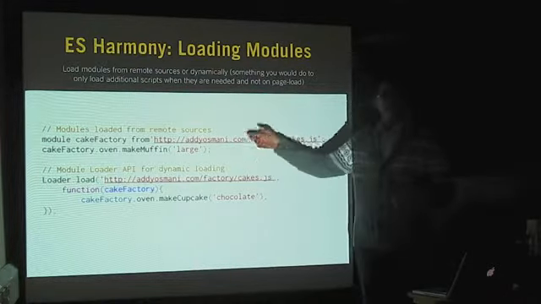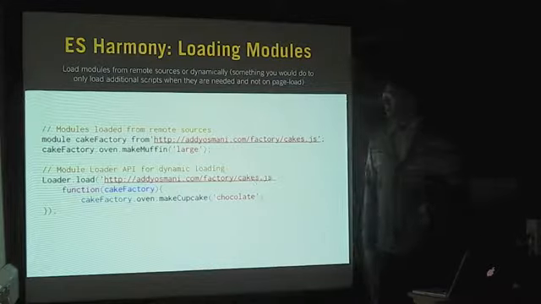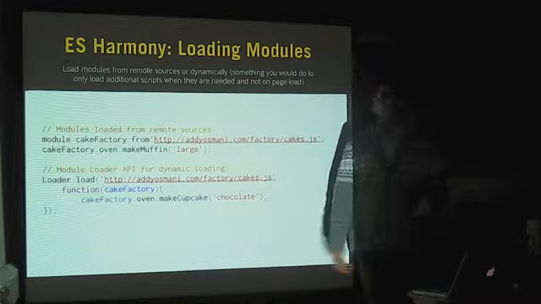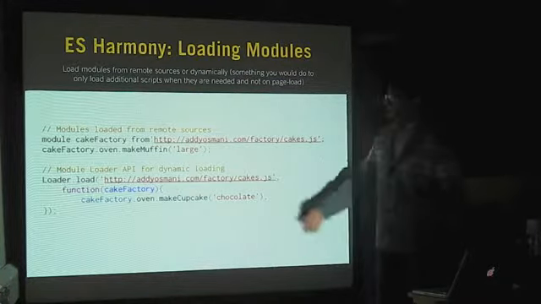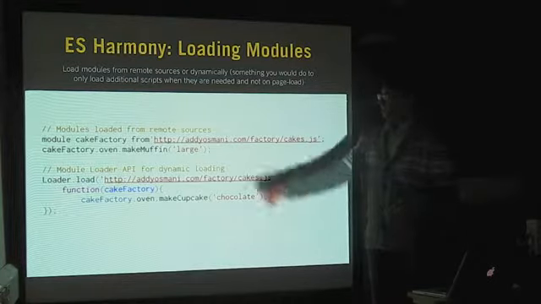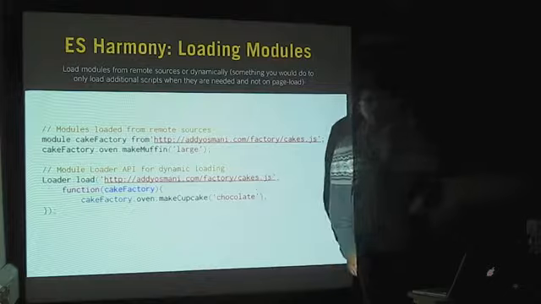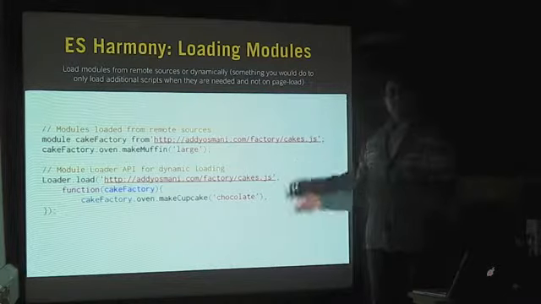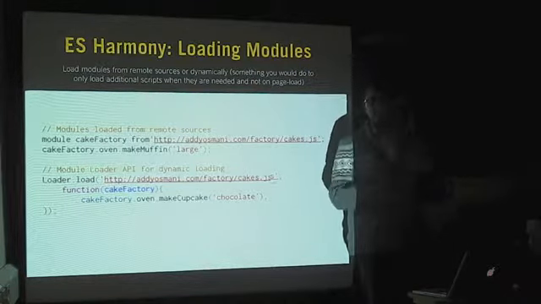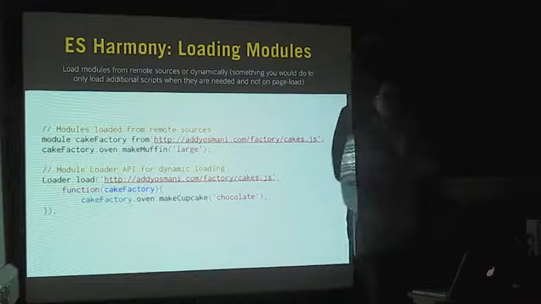That's just one line of code. How cool is that? And then if I wanted to dynamically pull in different dependencies, I can use the module loader API. I can say loader.load, the same thing, and I can start using it. This stuff is extremely powerful, but it's not exactly easily accessible in JavaScript as we know it today.